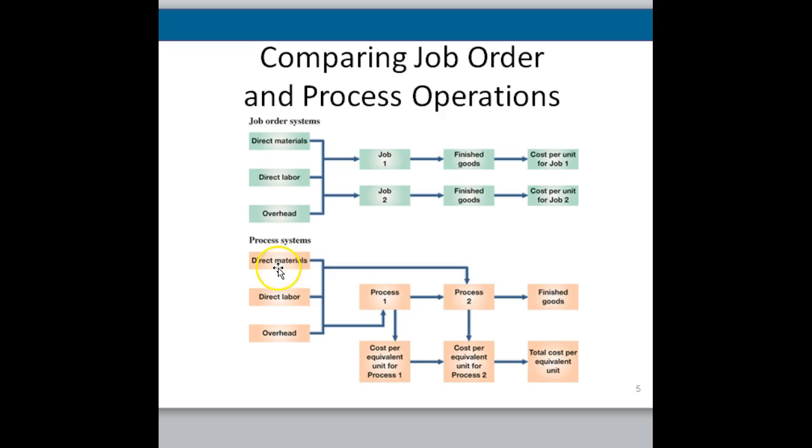Now we take the direct materials, direct labor, and overhead and put them into a process and gather all of those costs in one process, and then pull apart to figure out how much each product costs.